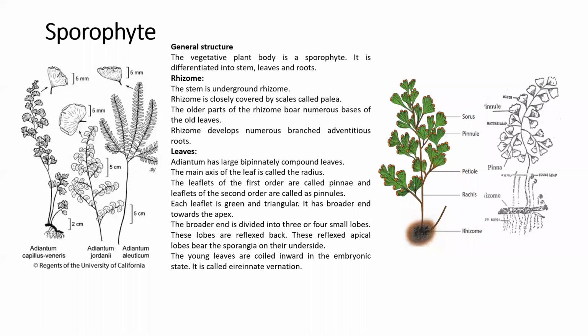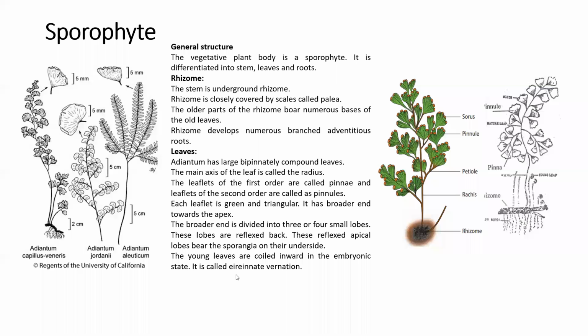In case of Adiantum, mixed sori have been observed. It means a mixed type of sporangia has been observed in Adiantum. The young leaves are coiled inward in the embryonic state.